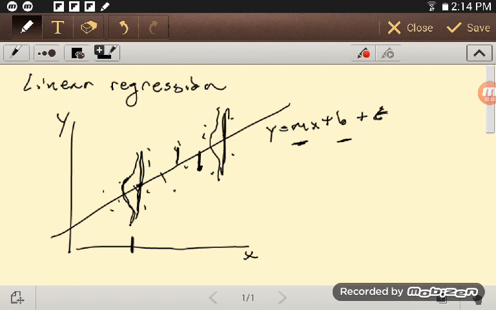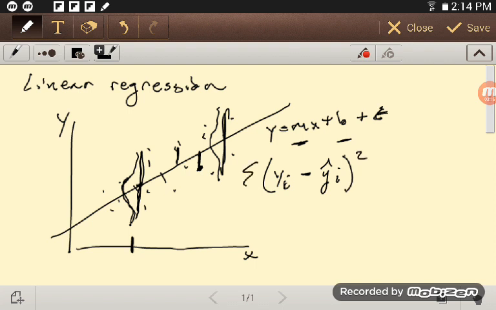It takes the actual point, say yi, subtracts the estimated point y hat i, and squares it.